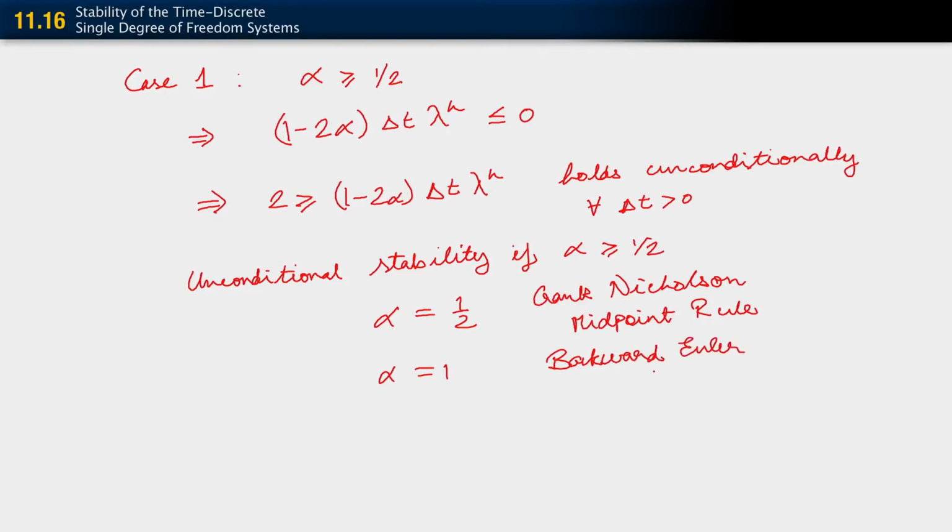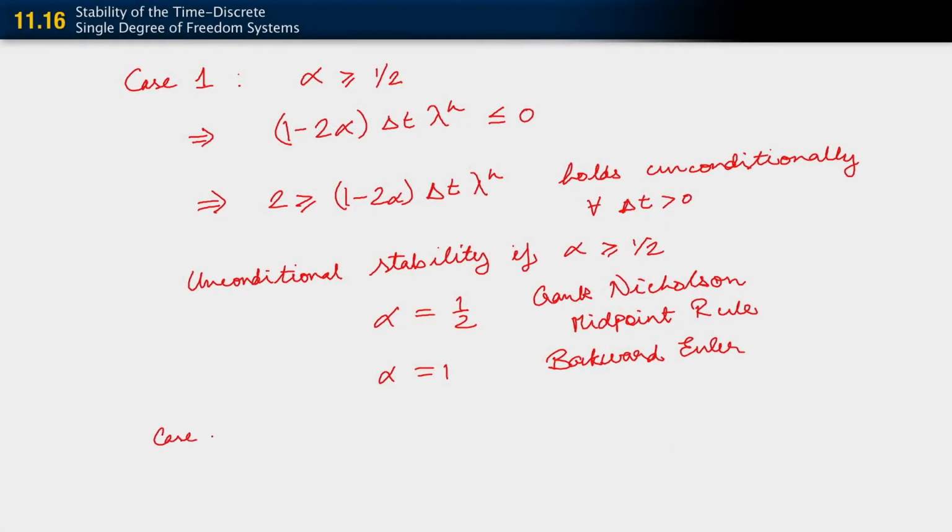These are both unconditionally stable. You can take a time step as big as you like and you're okay. The solution may be terrible, it may be very inaccurate, but you're still stable. The solution will not blow up. The magnitude of the amplification factor will remain bounded by 1.